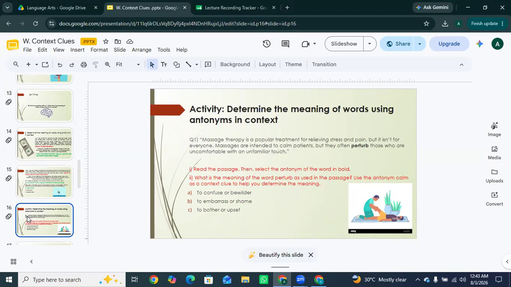Notice the word but, showing a contrast. So the antonym is calm. What is the meaning of the word perturb as used in the passage? Option C is correct: to bother or upset.